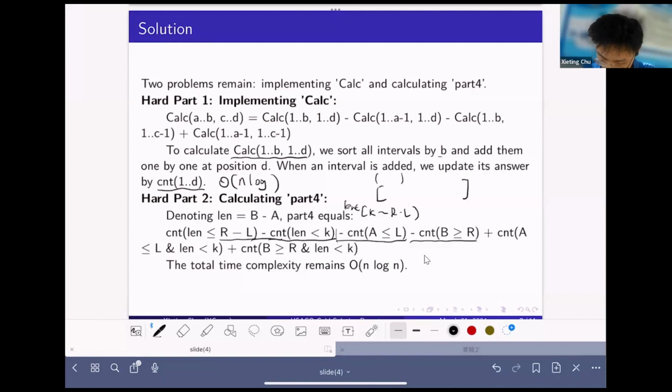Now let's look at which intervals are subtracted mistakenly. We find that if the left position is less than L and the length is less than K, then we accidentally subtract it one more time, so we add them back.